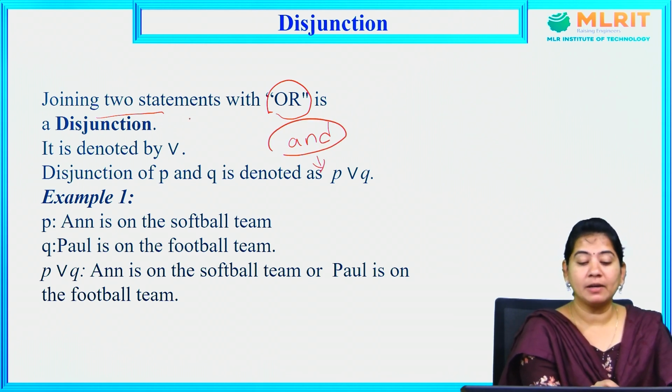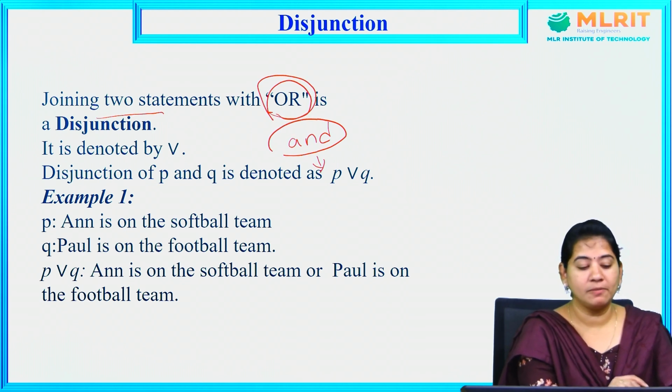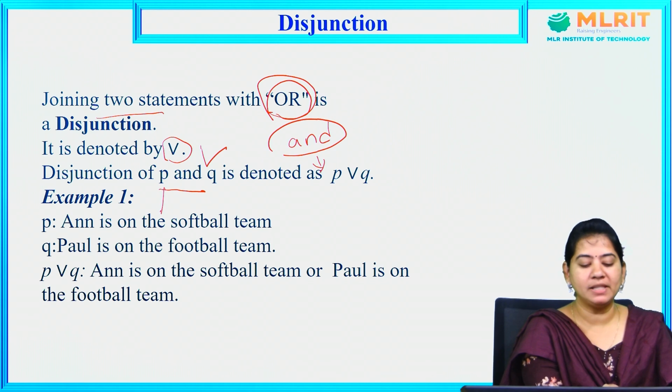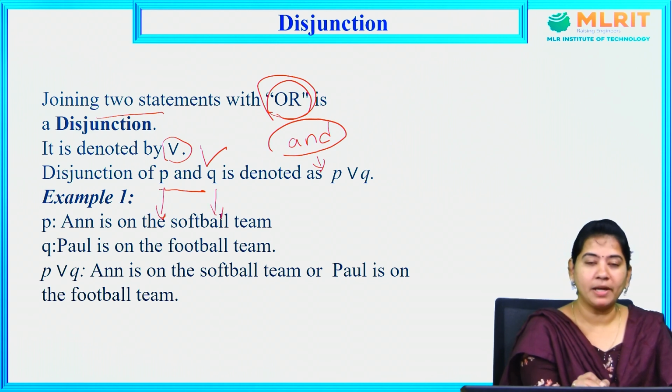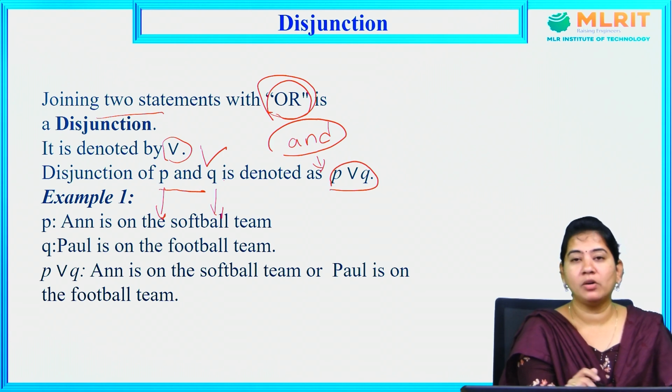And here we are combining the two statements with the word or. This is called a disjunction, and it is denoted by the symbol or, which is nothing but V. Suppose P is a statement and Q is a statement, the disjunction of P and Q is denoted as P or Q.